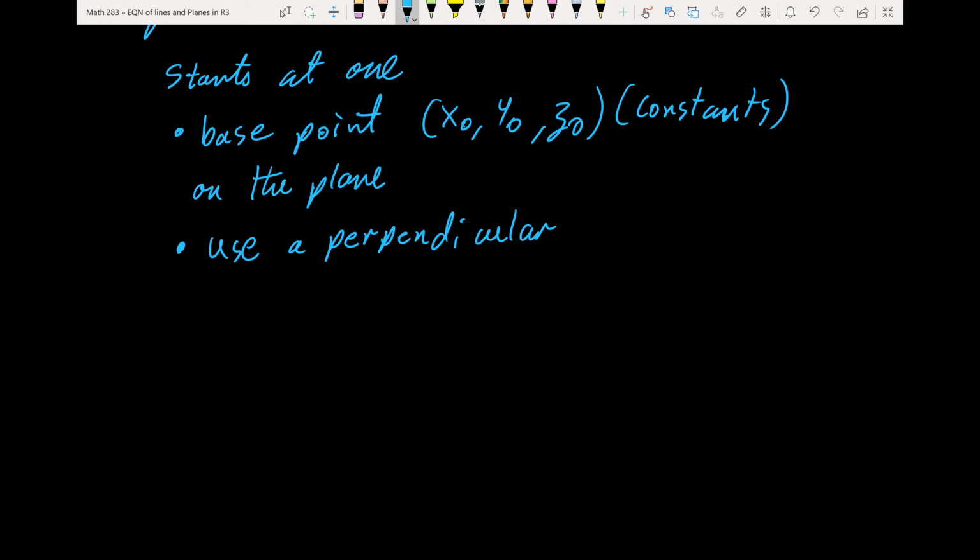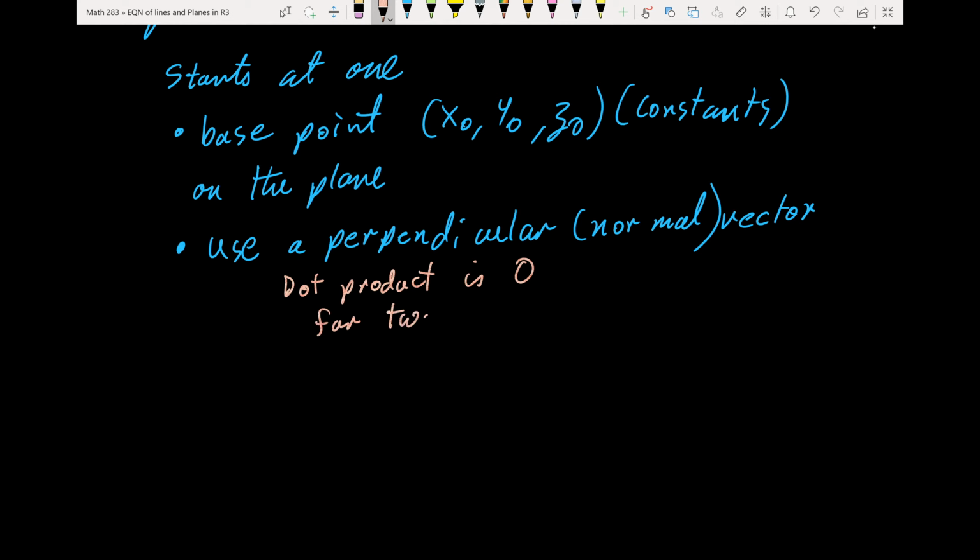Use a perpendicular normal vector. Here's an interesting observation: the dot product is 0 for two vectors that are perpendicular.